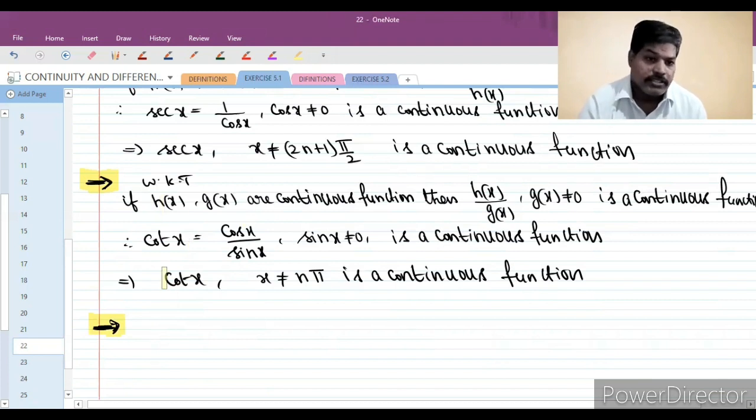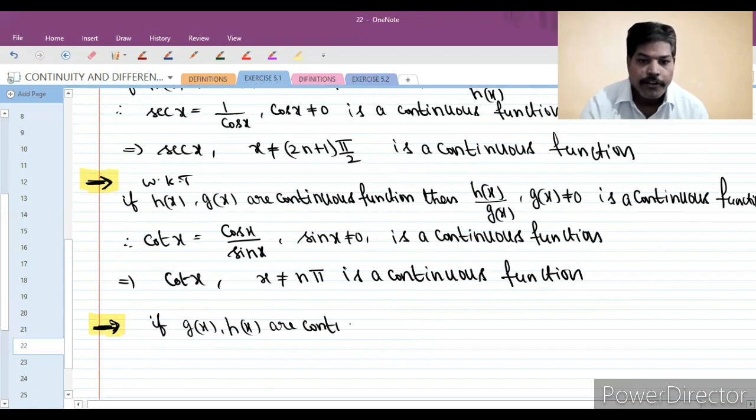So if g of x, h of x are continuous functions, then what happens, students?